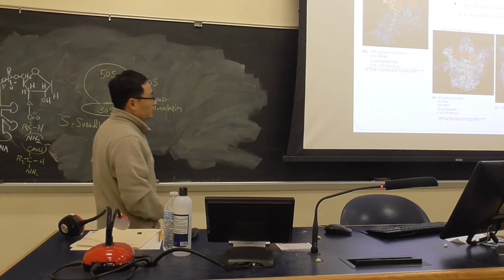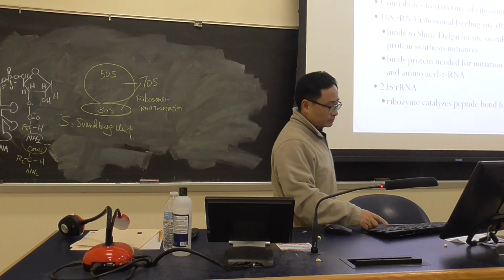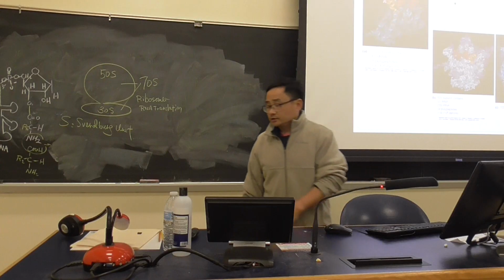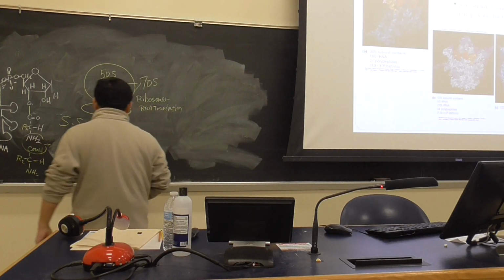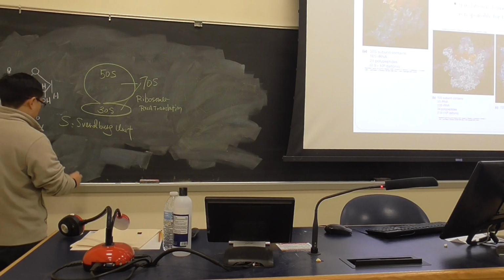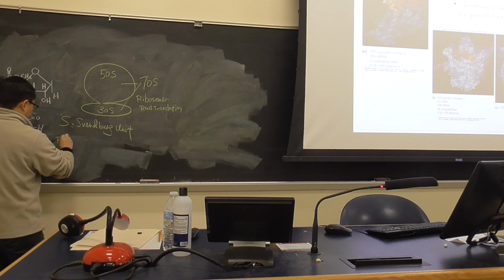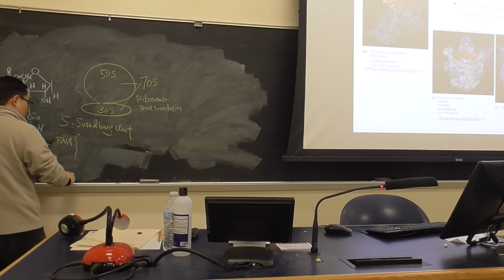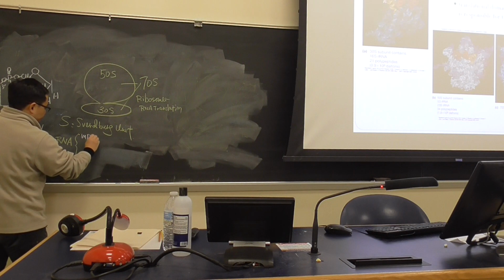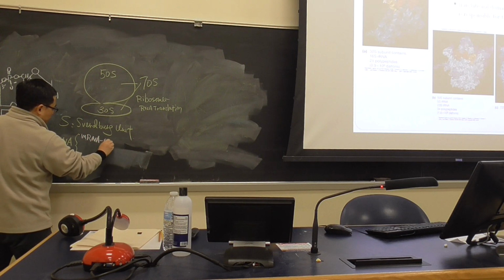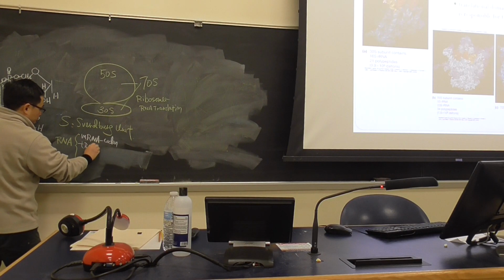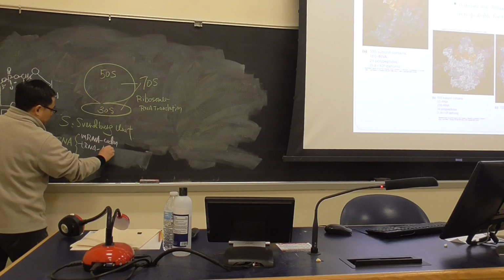Now, the very important thing we can recognize here is not only the big and small subunits, but there are some other things inside. So remember, we talk about RNA. We talk about mRNA, that is for the codon. We talk about tRNA, that is carrying the anticodon.